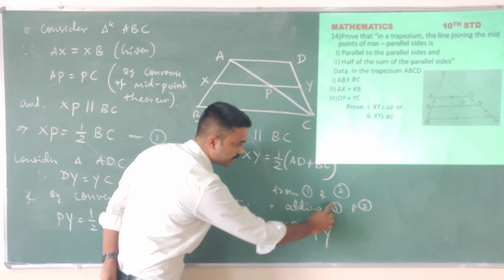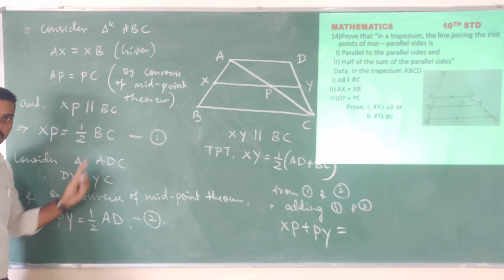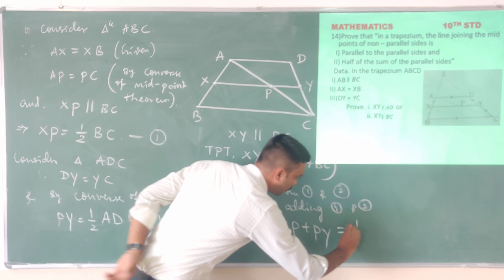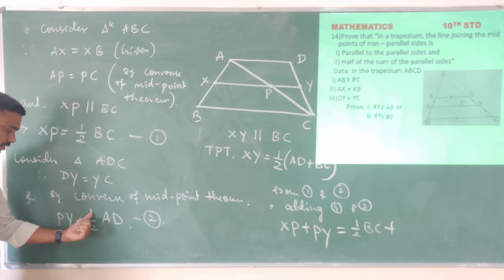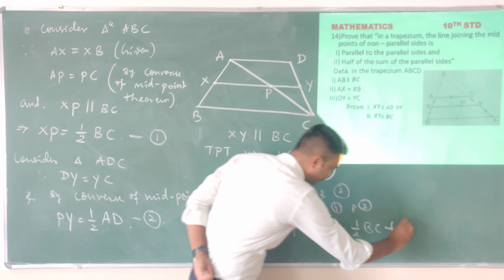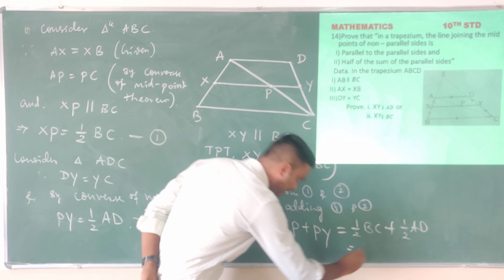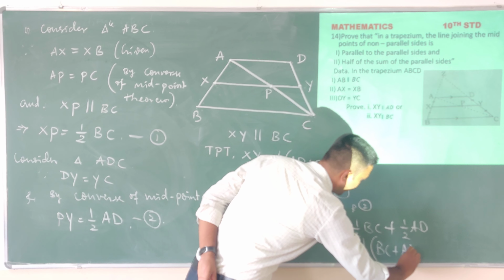The RHS is 1/2 BC plus 1/2 AD. Taking 1/2 as the common factor, we get 1/2 times BC plus AD.